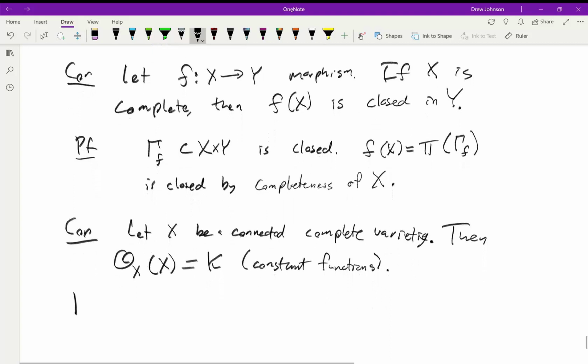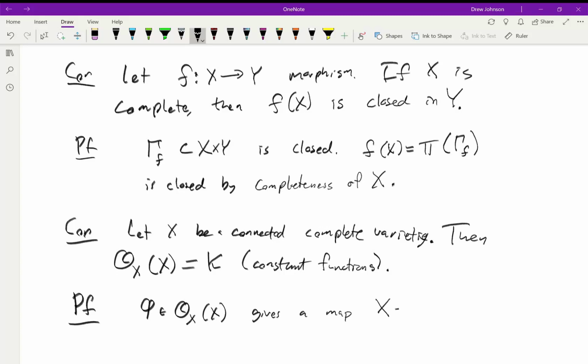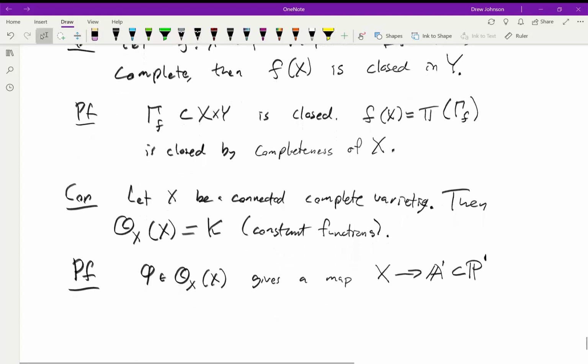Okay, let's see how completeness gives us a proof of that. If we have any global function, then that will give us a map from X to A1. We saw how global functions give morphisms. Now you can think of A1 as being contained in P1, right? Let's call this map phi, the same name as the regular function.